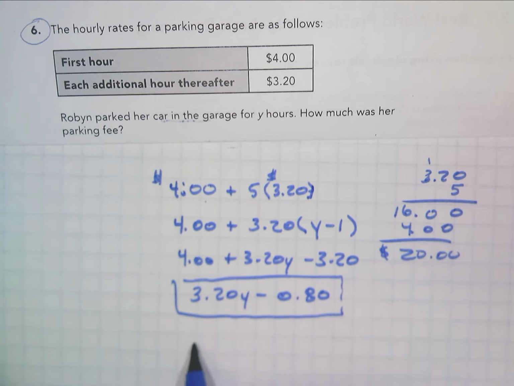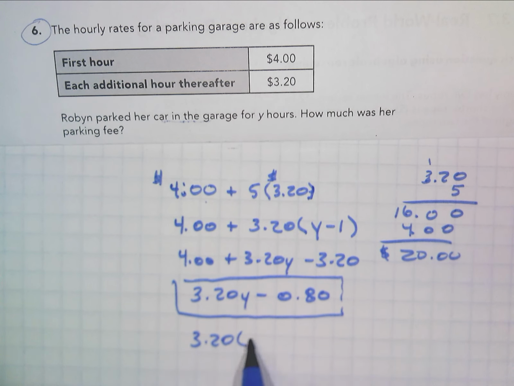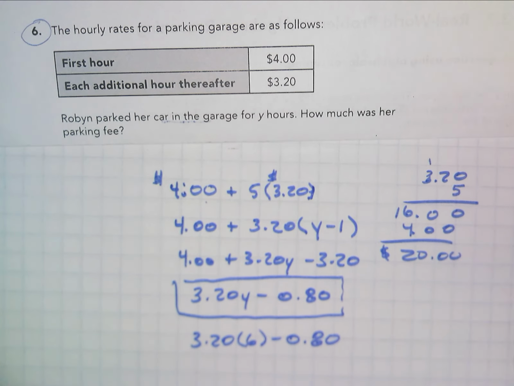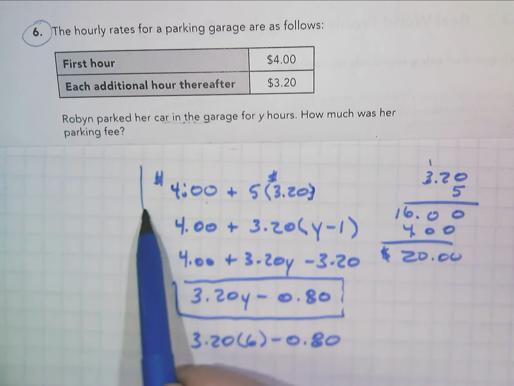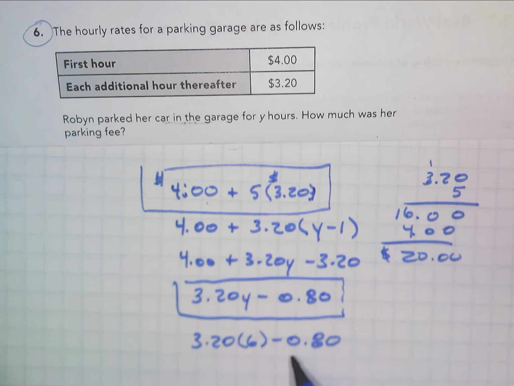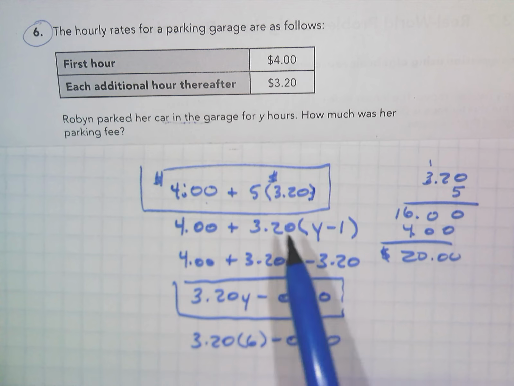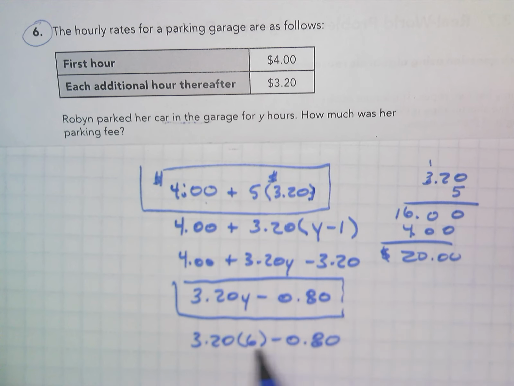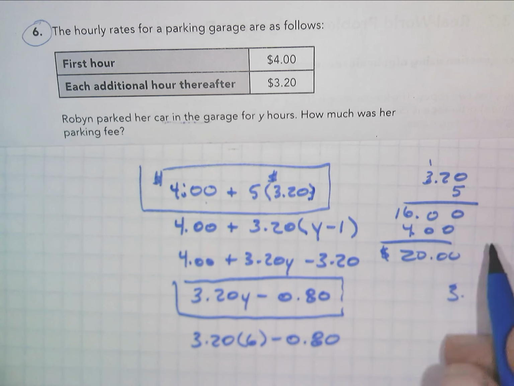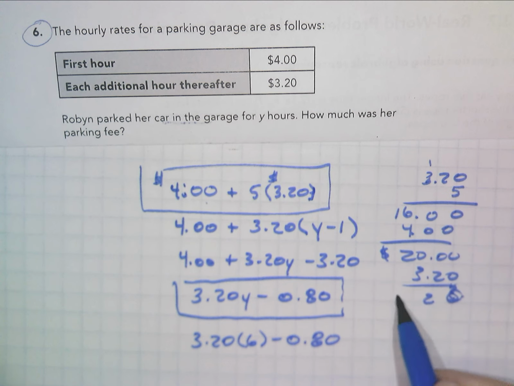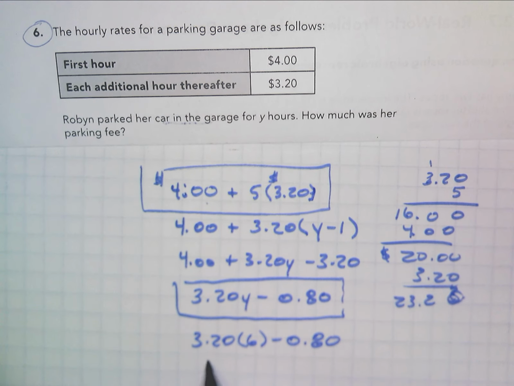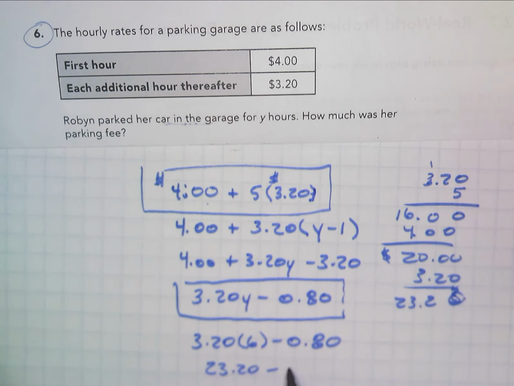Let's see what we get here. 3.20 times 6 minus 80. What I'm doing is I'm trying to figure out for 6 hours, do I get the same amount using my simplified version that I did talking through it at the beginning. 3.20 times 6, I'll just take 3.20 times 5 and add another 3.20 to it.